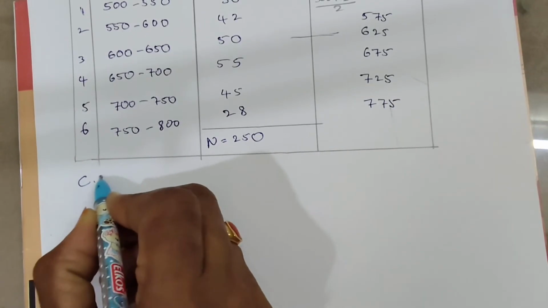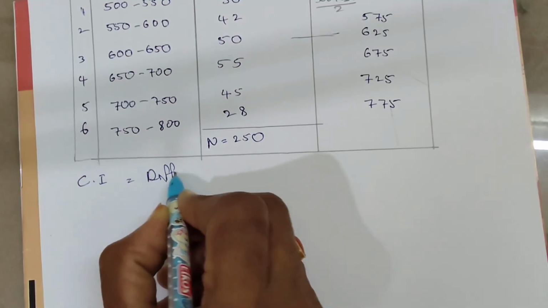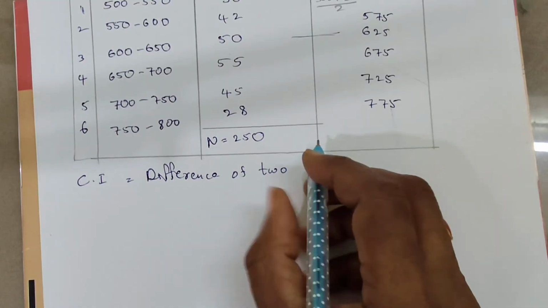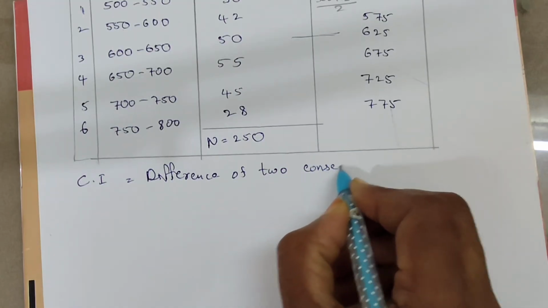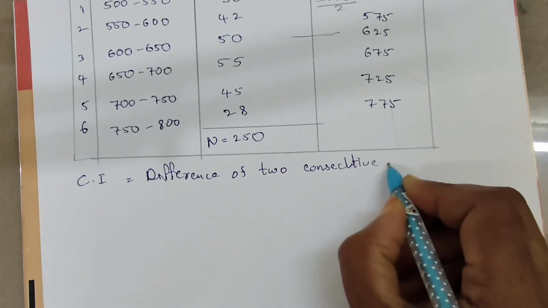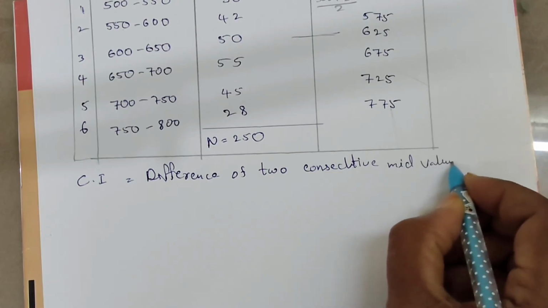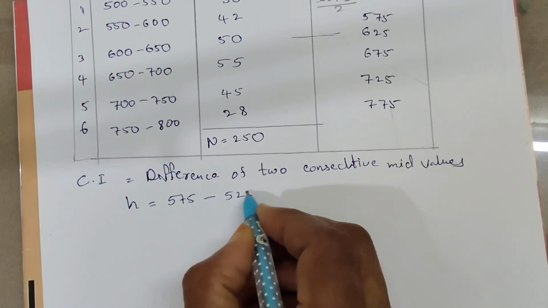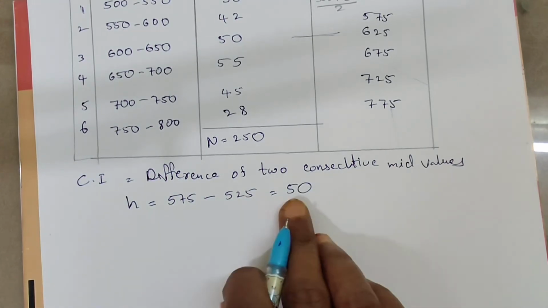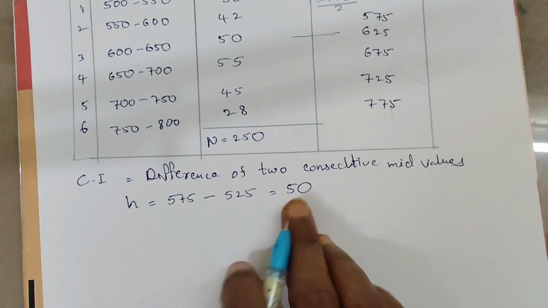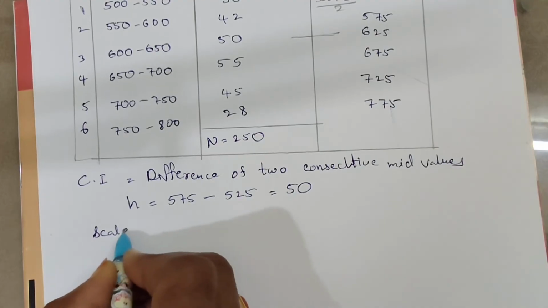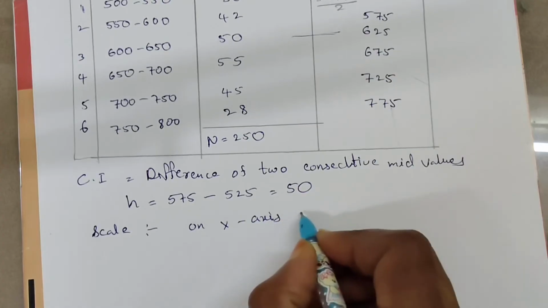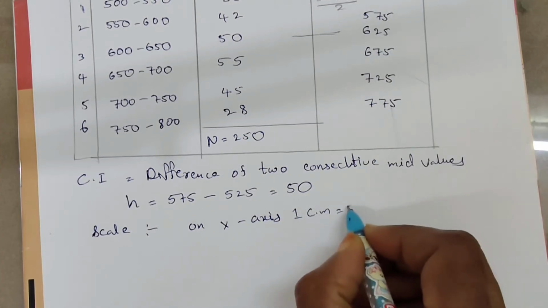Next we write the class interval. The class interval is equal to the difference of two consecutive class midpoints. Here h is equal to 575 minus 525, which is equal to 50. 50 is the h value, the class interval. Now next we write the scale. Scale on x-axis: 1 centimeter is equal to 50.